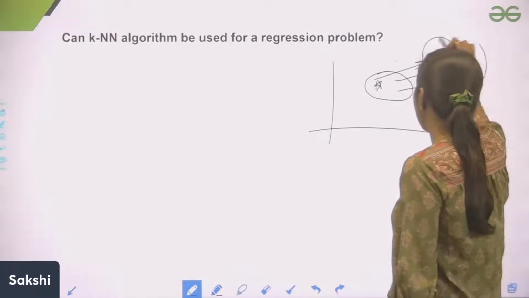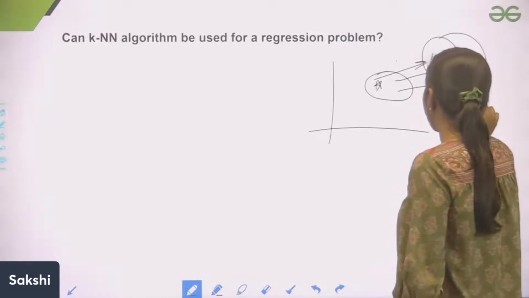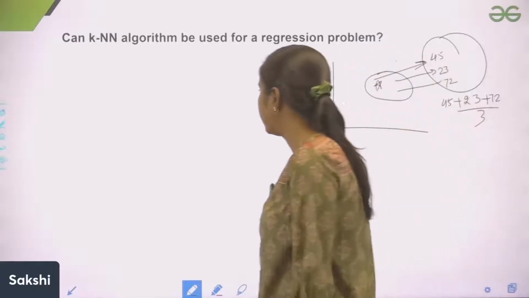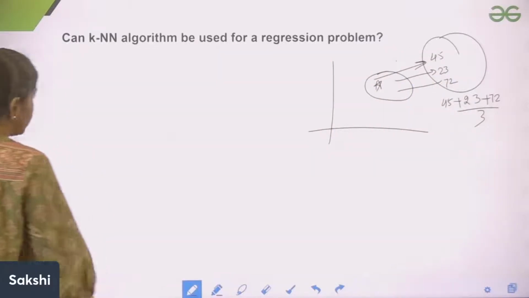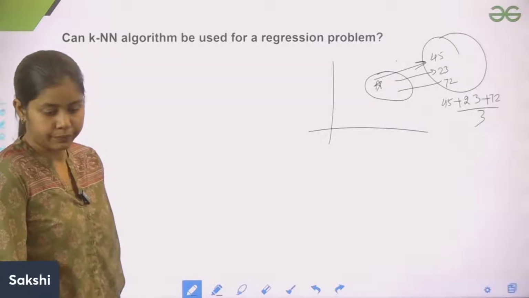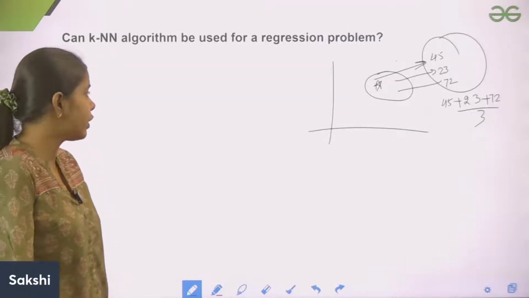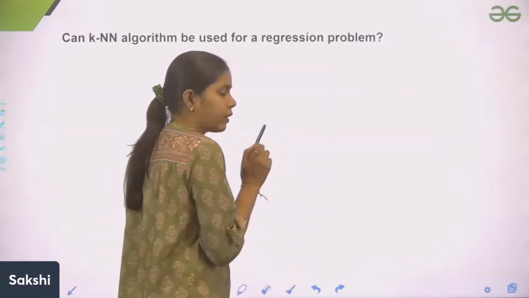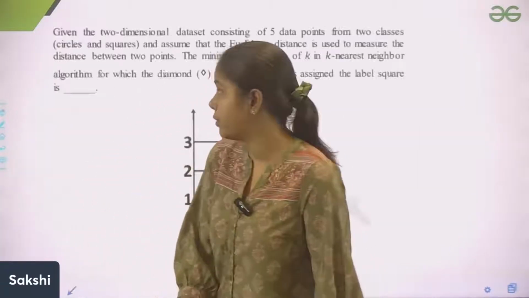So what would I do? I'll take the average of all these 3 values, 45 plus 23 plus 72 divided by 3. So that's how we do regression with KNN. So we can use KNN for regression, but generally we do not use it for that, but yeah, you can do that.